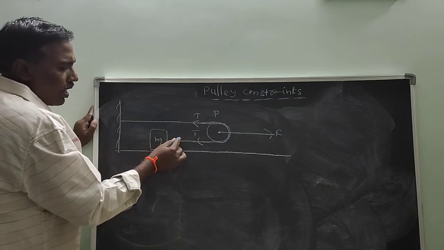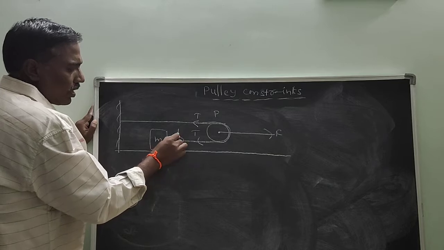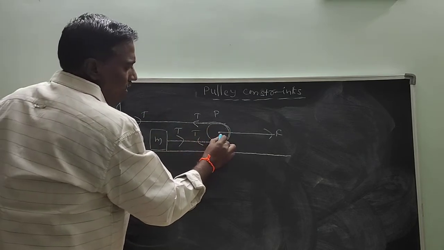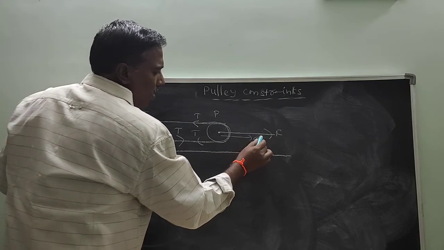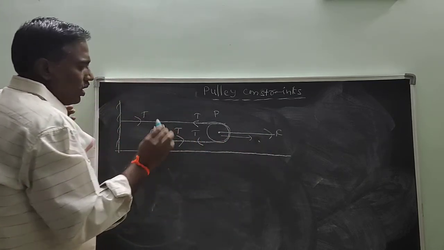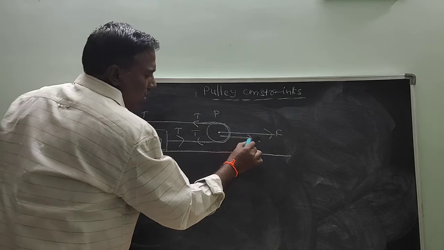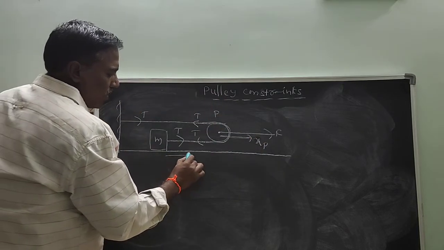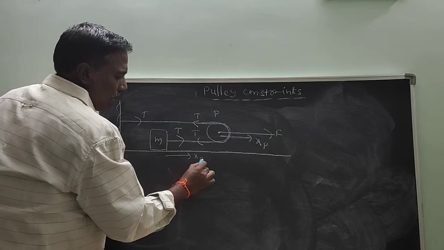For every action there is an equal and opposite reaction. Here tension T, tension T. Acceleration of this pulley is AP, or initially suppose displacement of this pulley is XP, and displacement of this block is XB.